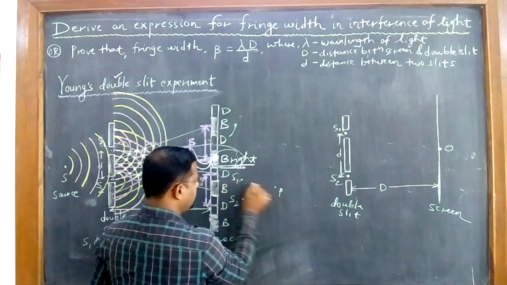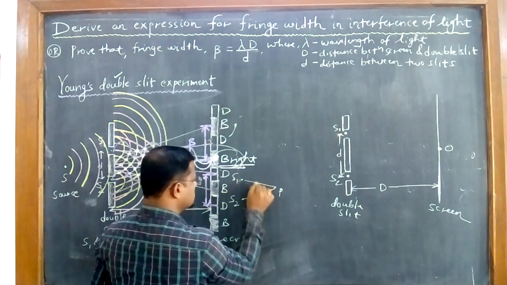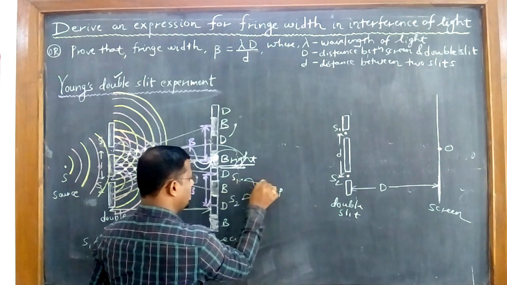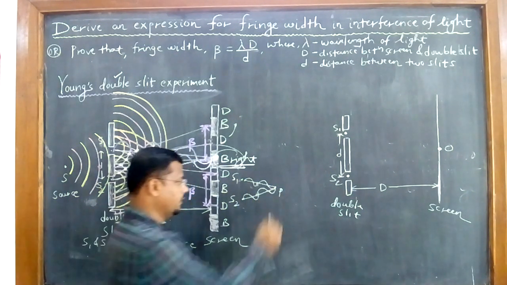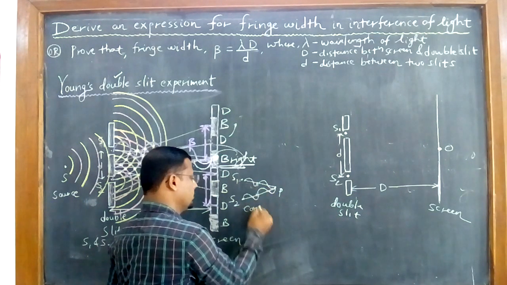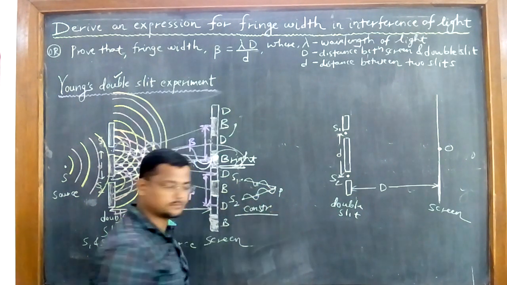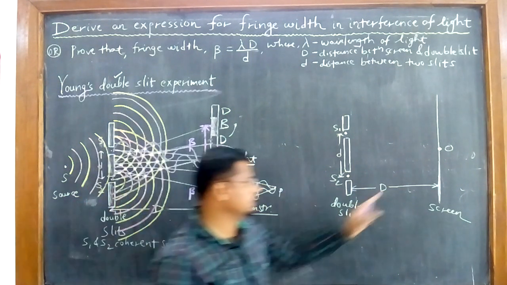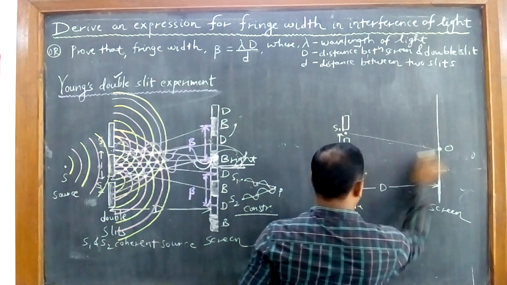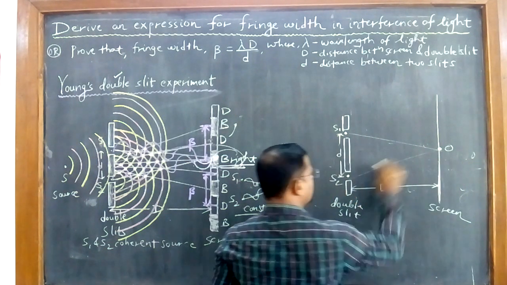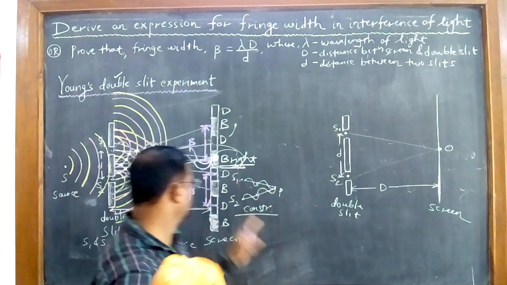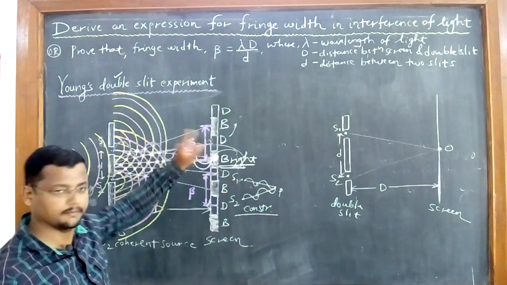S1, S2 and a point P. The S1P and S2P distances are the same. So here if two waves are here, you will have two waves there also. So crest with crest, trough with trough means it is for what type of interference here? Constructive. So the same thing is going to happen at point O. The distance from S1 to O and S2 to O is the same. So you are going to have the constructive interference. Again, if you ask me how, I will tell you go by this diagram like this.